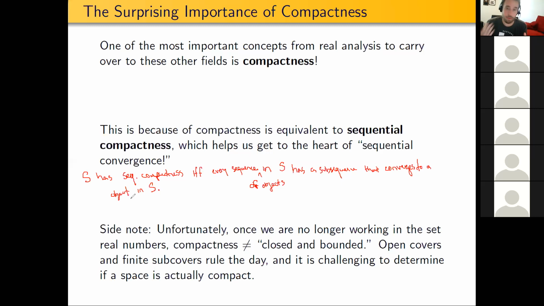We saw in the day when we discussed this that sequential compactness turned out to be equivalent to original compactness, right? And in our class, we said that compactness was two things. The original definition was every open cover has a finite subcover.